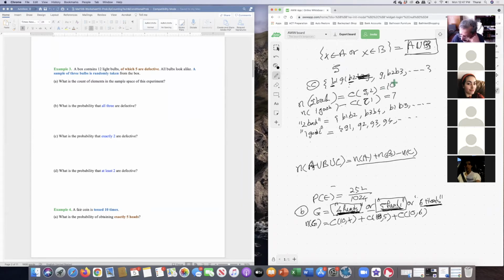And why multiply? Because now look at these events, elements in the first set, elements in the second set. If I take B1, B2 here and combine with G1, that's one element. B1, B2, and G1, right? One element in the event that we are looking for, the event up here.